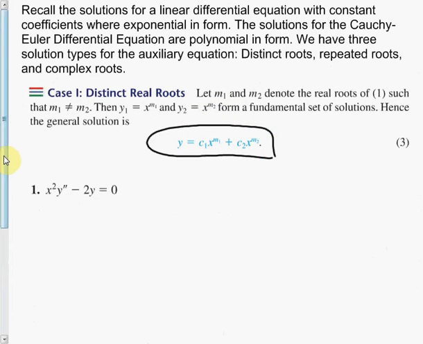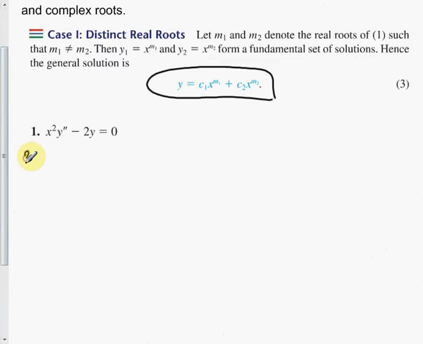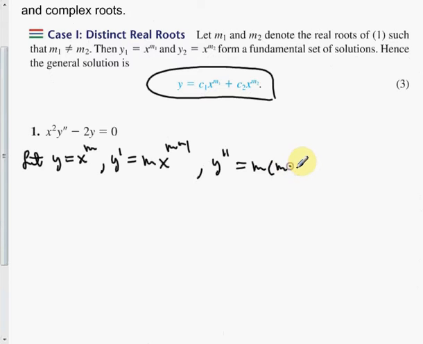So let's see. Here's how we solve. You let y equal x to the m. y prime is m times x to the m minus 1. The problems just mimic the proof that I just did. And then y double prime is equal to m times m minus 1 times x to the m minus 2.